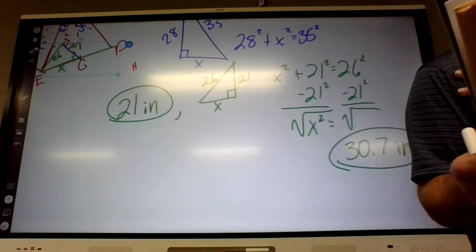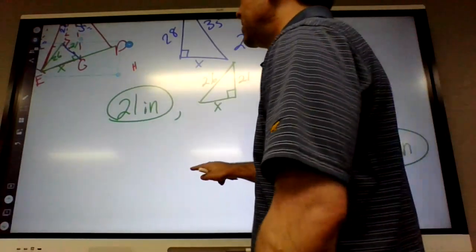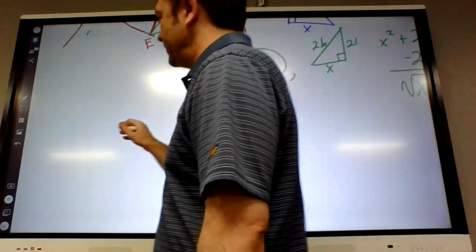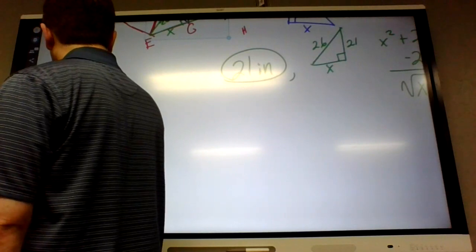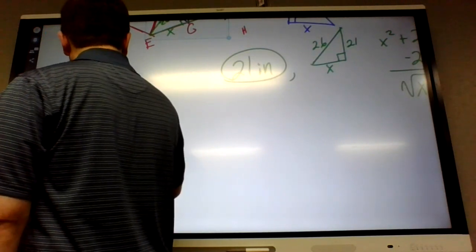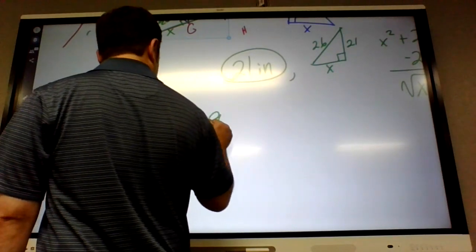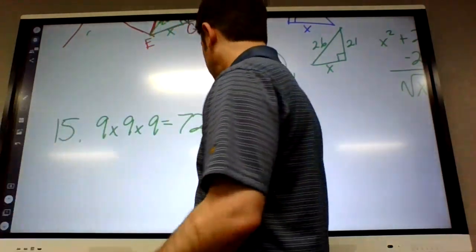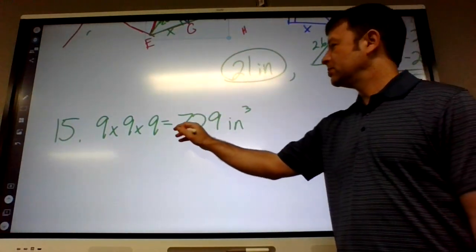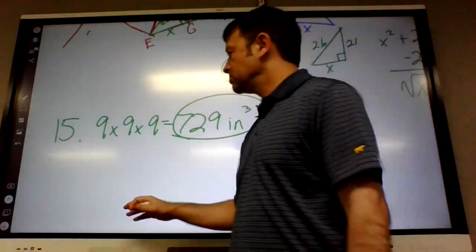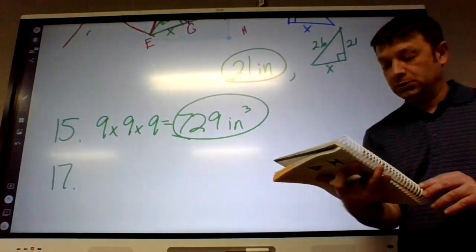Number 15, how do you find the volume of that cube? 9 times 9 for the base, times 9 for the height, so 9 times 9 times 9 equals, I think it was 729. Inches squared or inches cubed? Inches cubed.